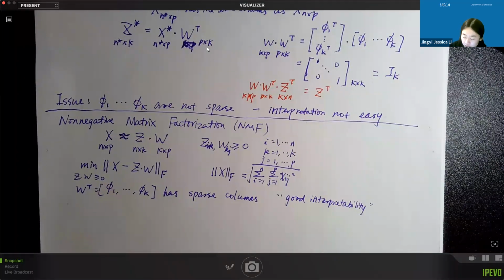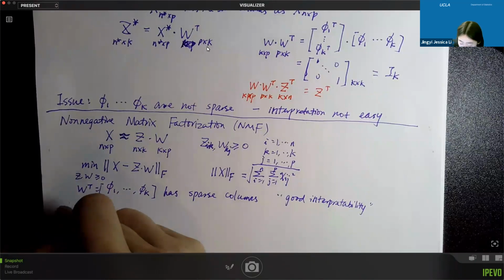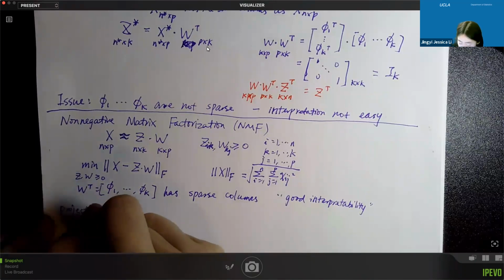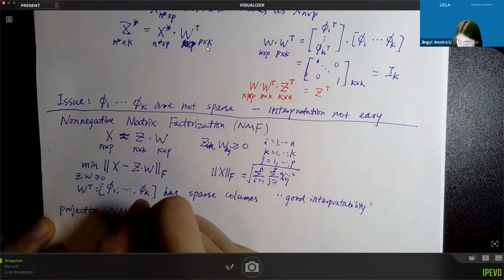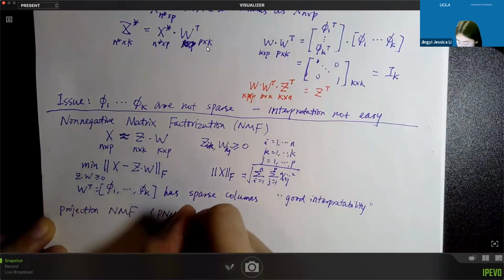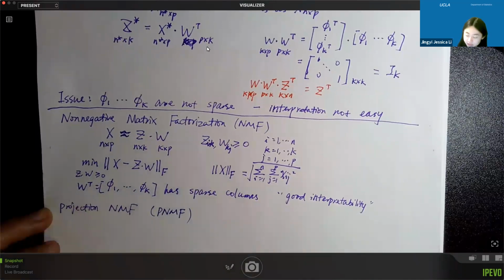Recently my students found that there is another algorithm which is kind of in the middle between NMF and PCA, and that is called projection NMF, PNMF. What's the motivation for doing that?